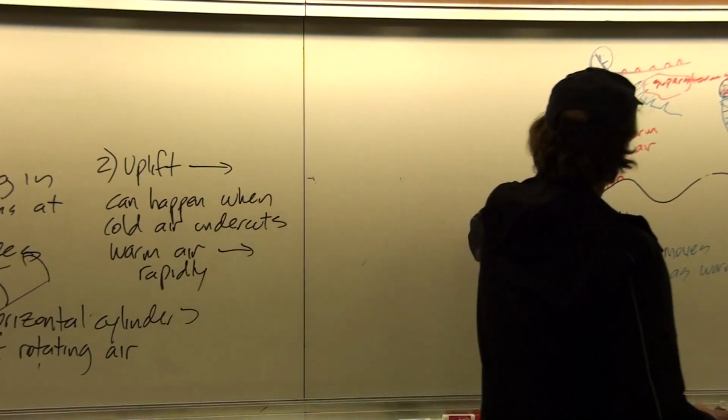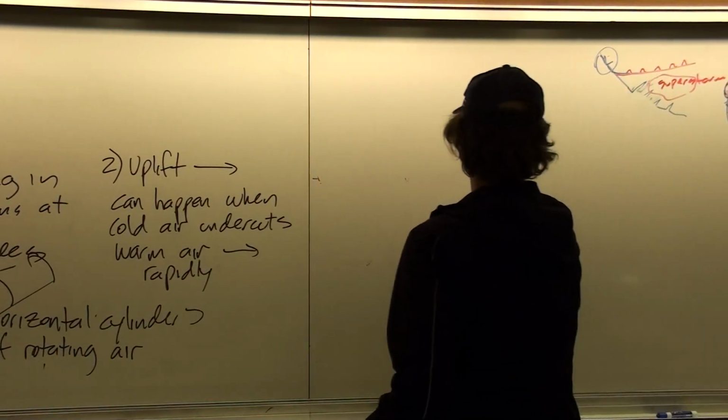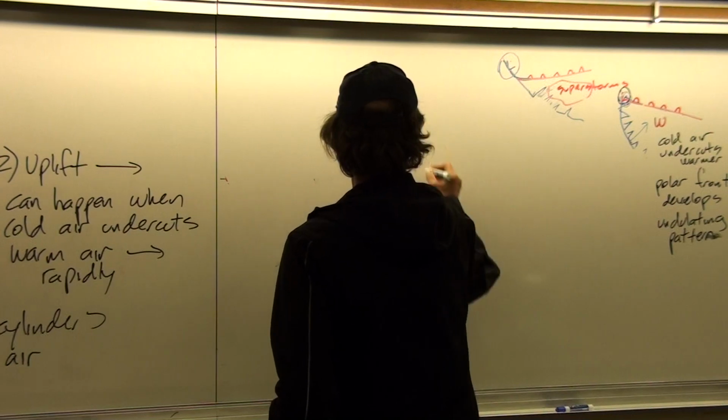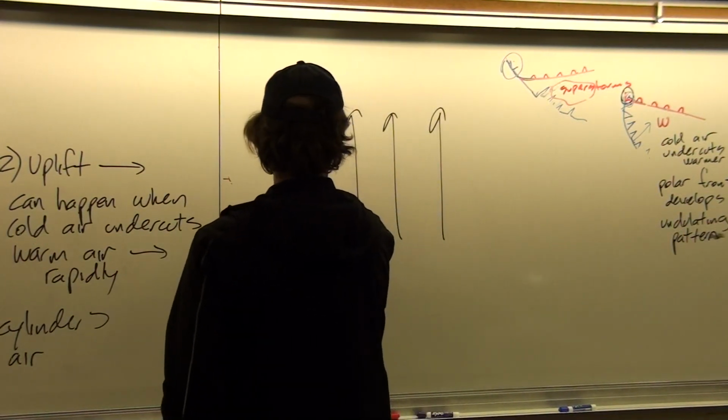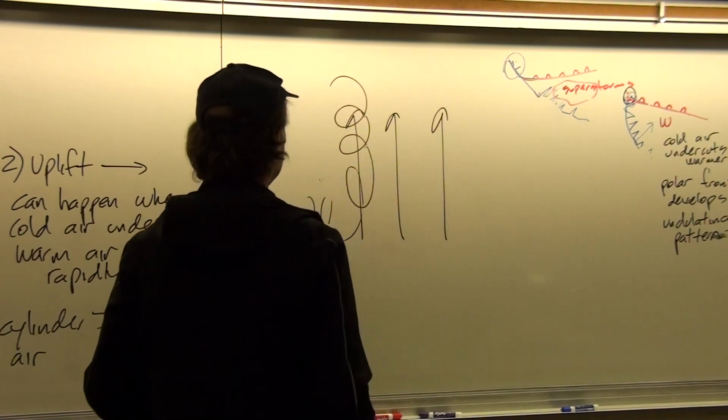So the net result of this then is that the rapidly rising winds take the horizontal cylinders and turn them vertical.